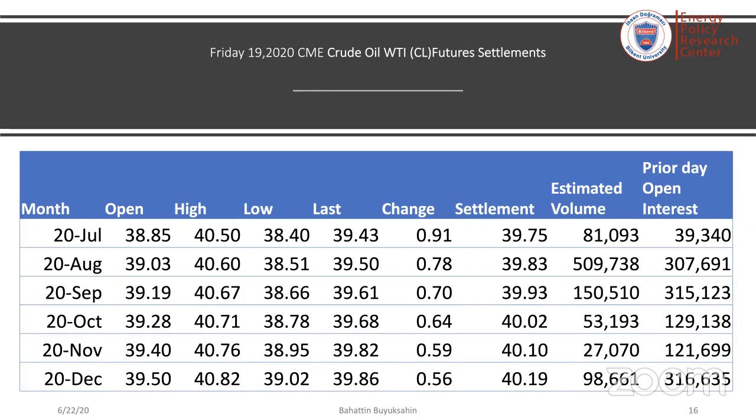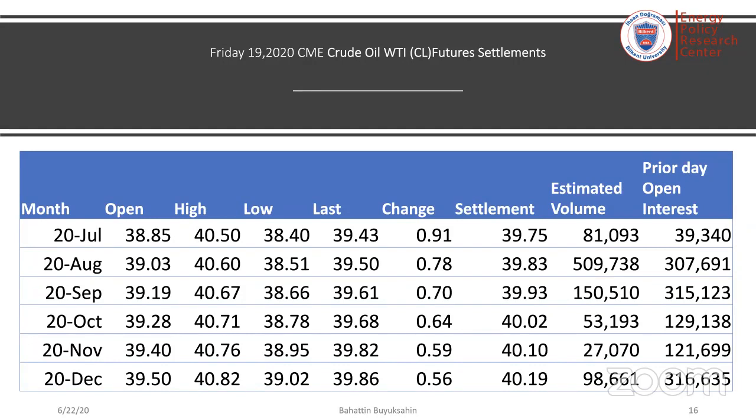If you look at our table, as I said, the July contract is ending its trading at the end of today. That contract's delivery starts on July 1st. It started trading on November 21st, 2014, almost six years ago.